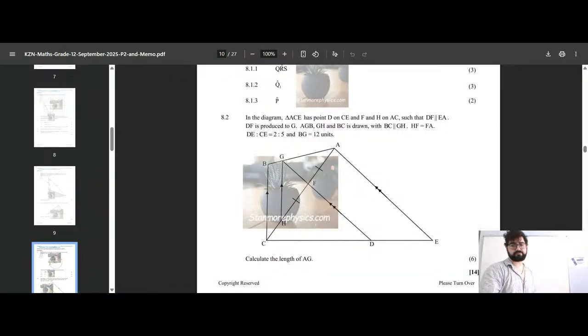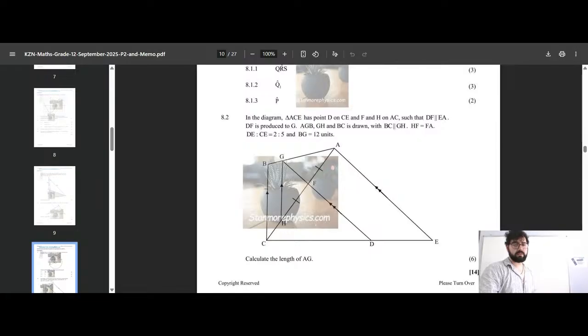So we've been asked to calculate the length of AG here, and we can see first of all that AG is a part of the triangle AGH, and then there's another triangle ABC which has a parallel base. So a lot of what we're going to be doing here is just bringing the ratios of the sides across the triangle.